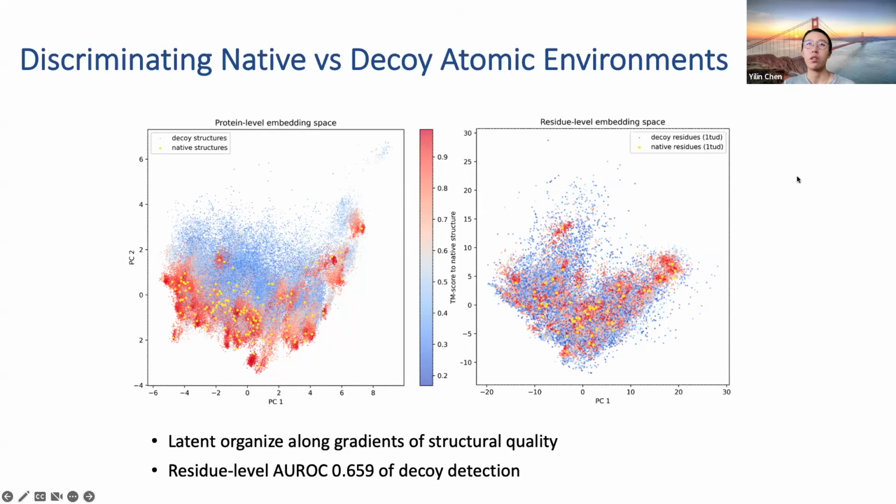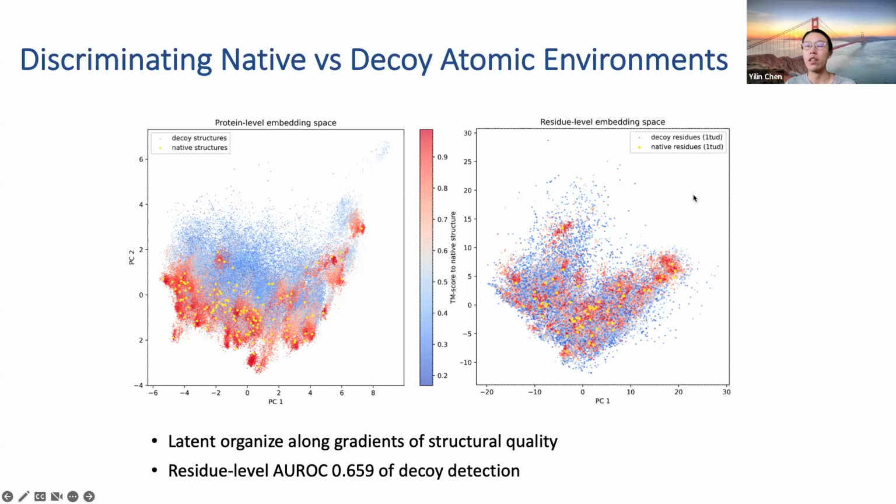On the left is the protein level embedding space, the average over all residues. The yellow ones are true native, the red ones are closer, better decoys, and the blue ones are bad. This shows that the latent distance on the first two PCs correlates with the coordinates distance.